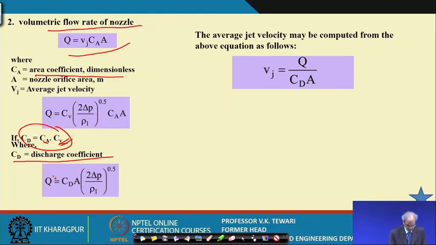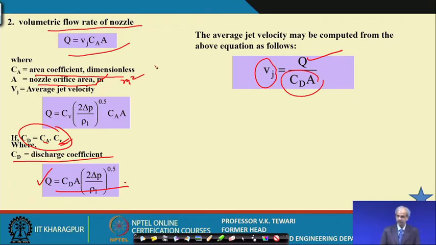Using this, Q is given by this formula, and ultimately you get Vj as Q by Cd into A, where A is the nozzle orifice area. The nozzle orifice area has to be in meter square, because this is an area. So, you can see that average jet velocity may be computed from this particular equation.